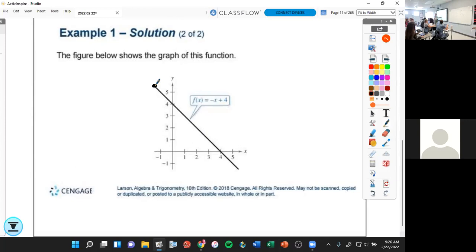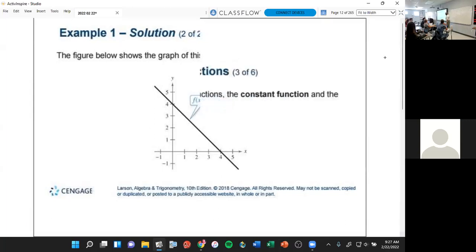No arrow, no open circle, no closed circle, nothing. Okay, so it's assumed an arrow? Okay, okay. So no circle means it keeps going. Got it.